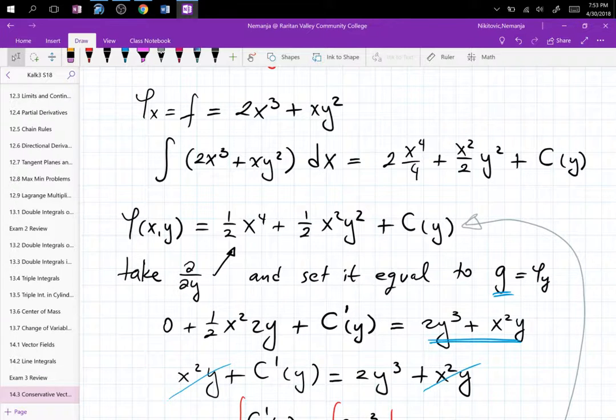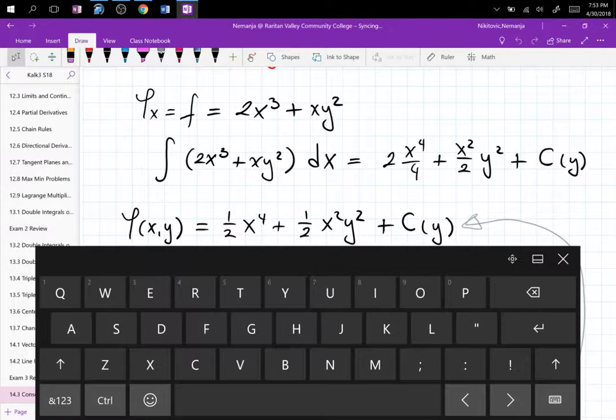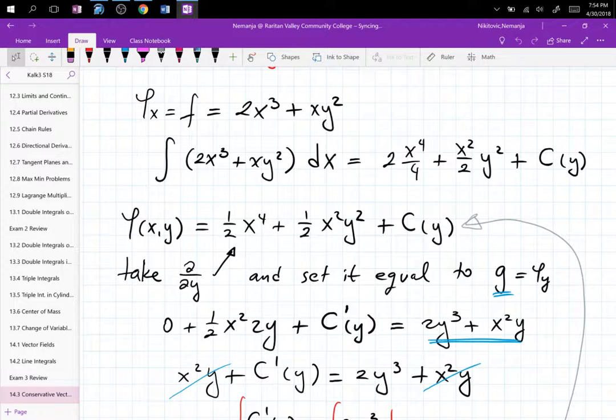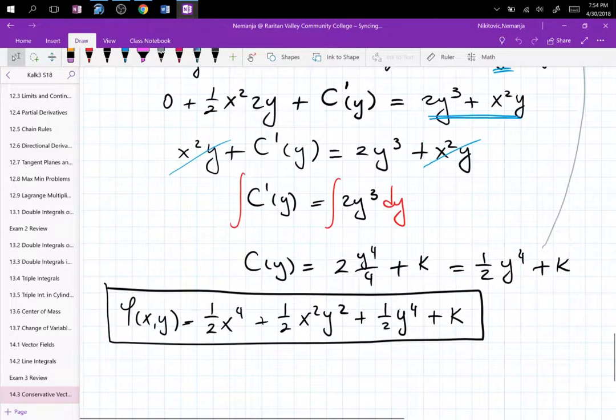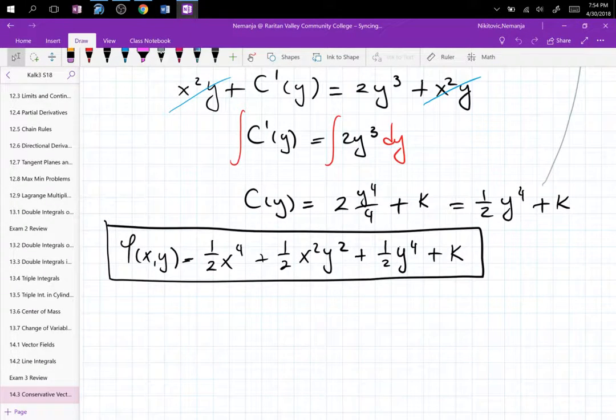The way to solve that is to differentiate your new potential function with respect to y, and set it equal to the partial derivative with respect to y from the top, which is your g. From there, you will see what the c prime is. Integrate c prime, which gives you what c of y is. Plug that back in, and you have the answer.